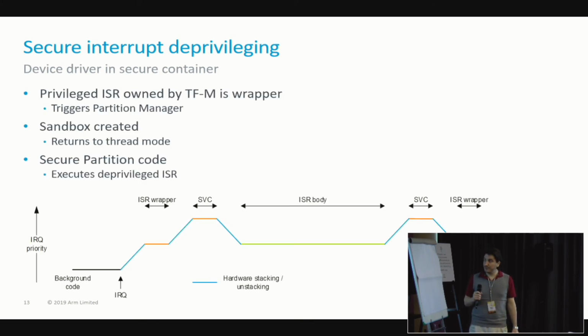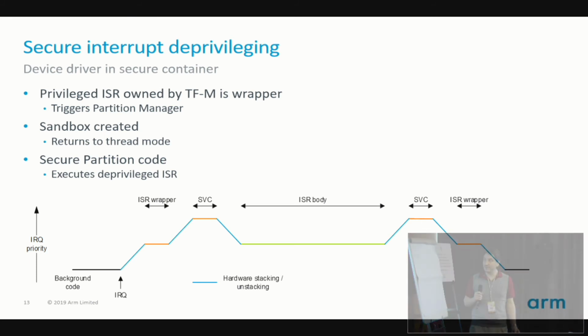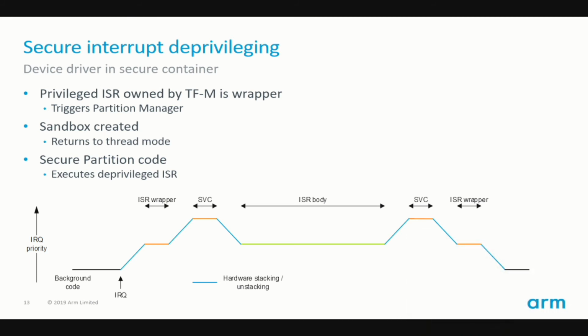So the way it can be done is the privileged interrupt service routine that is triggered by the exception will enter Trusted Firmware M, but that is only a wrapper which calls a partition manager, which creates a sandbox, and the sandbox is activated by an exception return to thread mode keeping the priority of the original interrupt, but executing in unprivileged thread mode for the duration of the secure partition interrupt service routine.